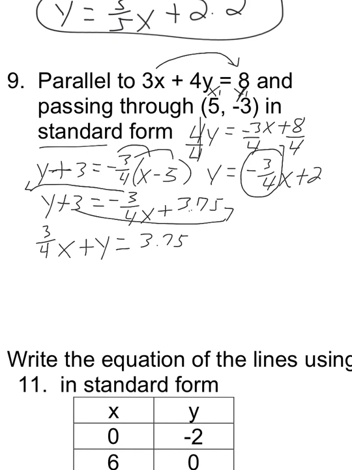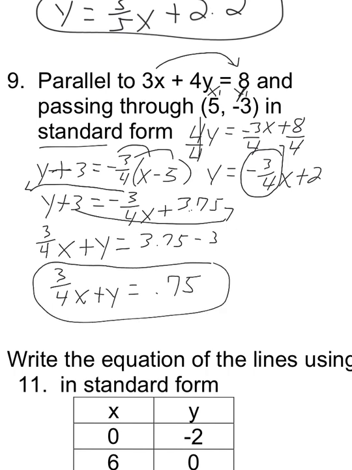I took the +3 across, it became a -3. So final answer, 3/4 x plus y equals 0.75. That is in standard form.